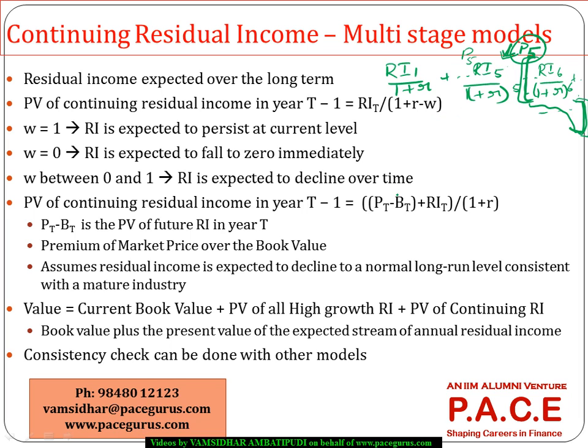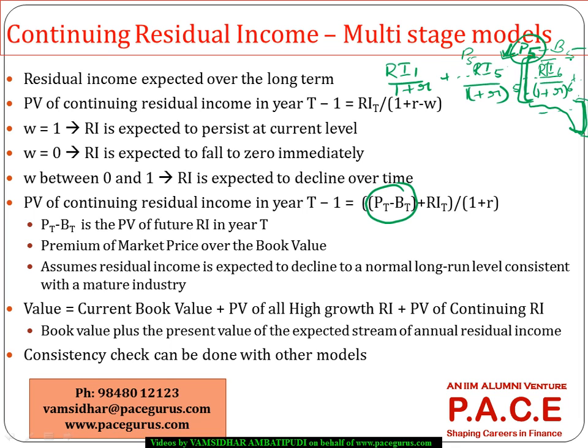So what we are saying is, P5 is the excess over the book value at that point. That is the present value of all these RIs, RI6 till infinity. That is the excess of price, P5 minus B5.